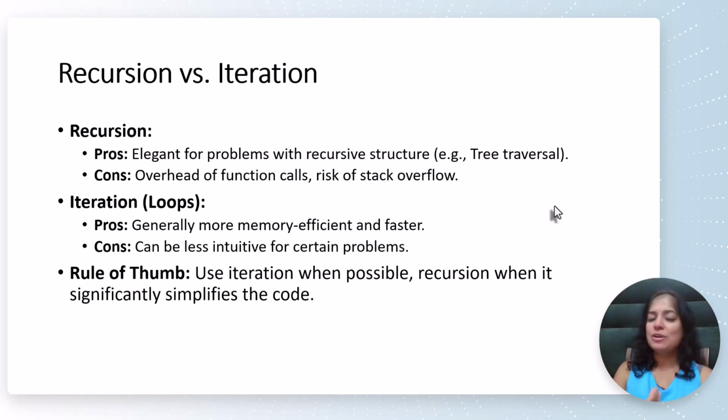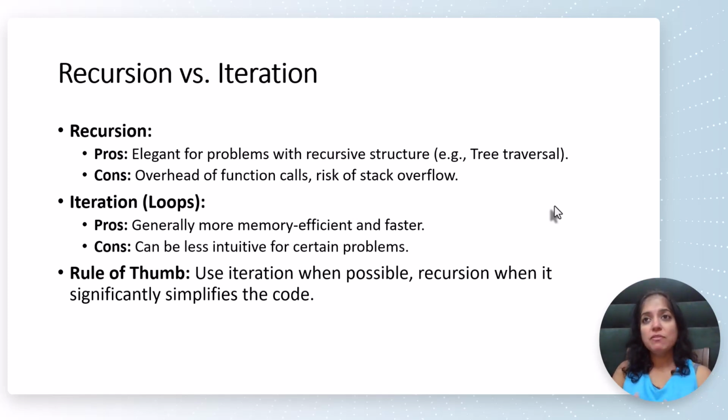In 2-3 lines, you can write the complete code for trees. But the problems with recursion are the extra overhead of function calls and the issue of stack overflow. On the other hand, loops are memory efficient, faster, and easy to understand, but can sometimes be less intuitive for certain problems.